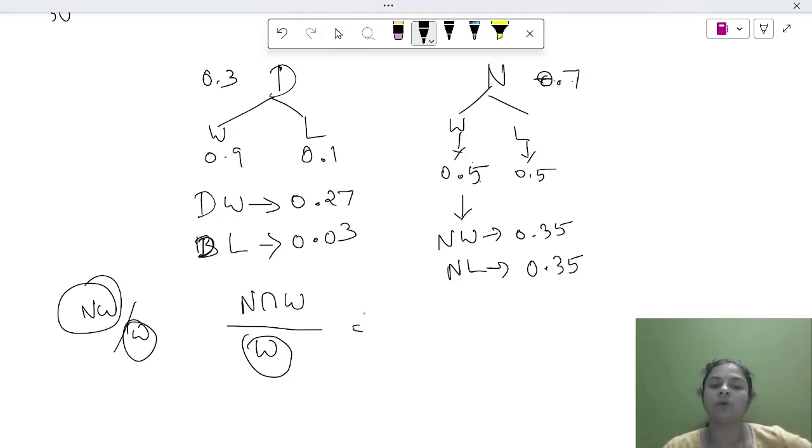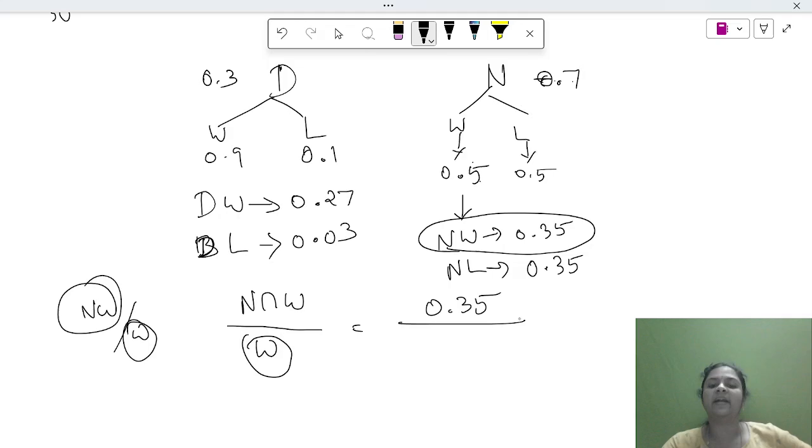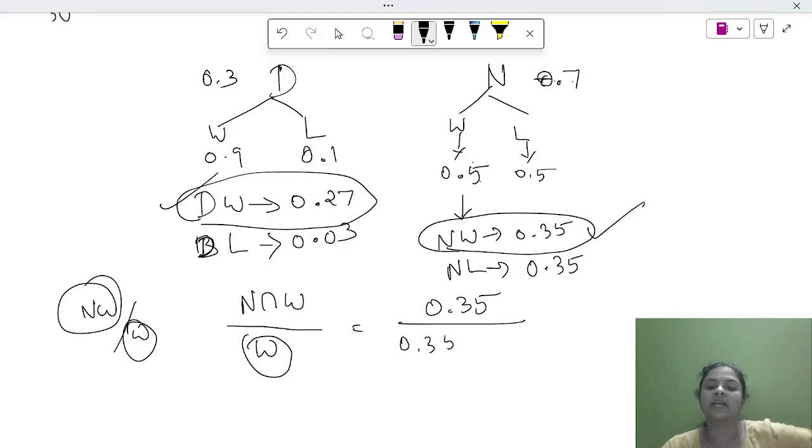Okay. So the night and winning probability is 0.35, divided by the total chances of winning, 0.35 and the daytime winning. Add both winnings, 0.35 and 0.27. So the answer is 0.35 divided by 0.62.